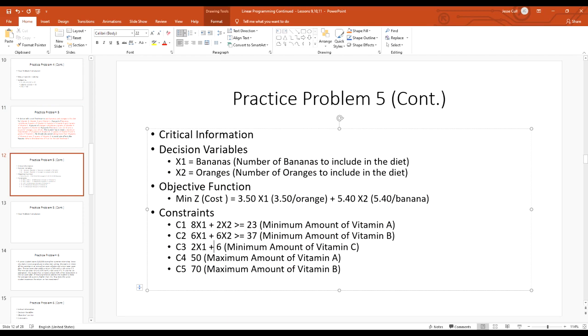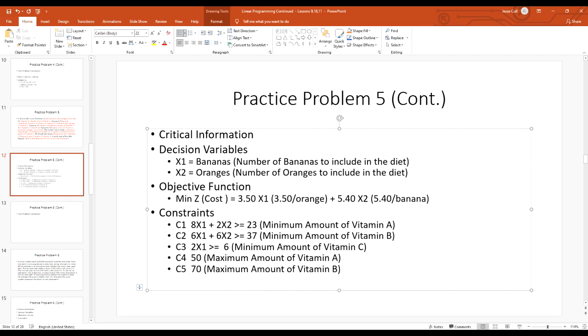And here we have no vitamin or nothing from oranges, so 2x1 must be greater than or equal to 6. So we've completed our first 3 constraints.